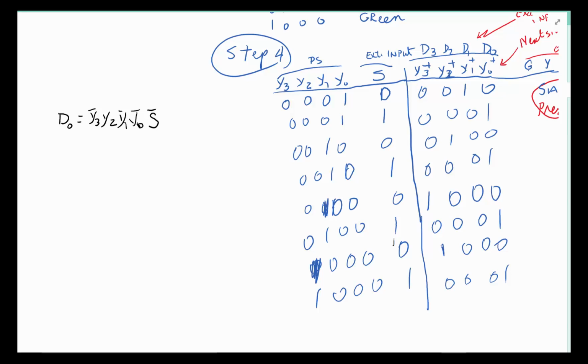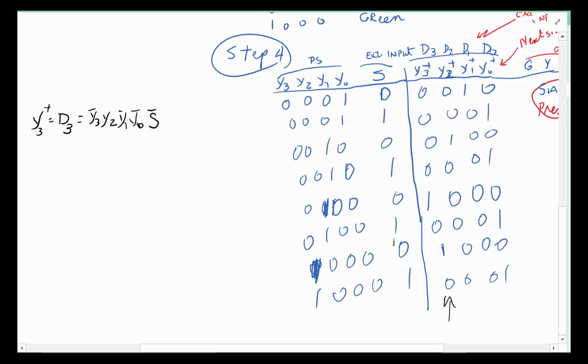Actually, that's D3 I'm writing, which happened to be equal to Y3 plus, for this column right here.